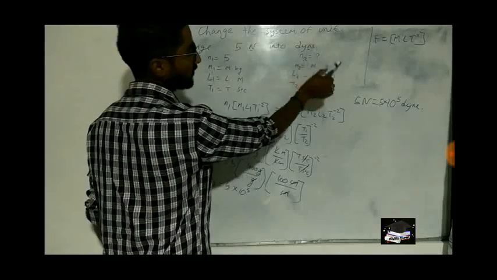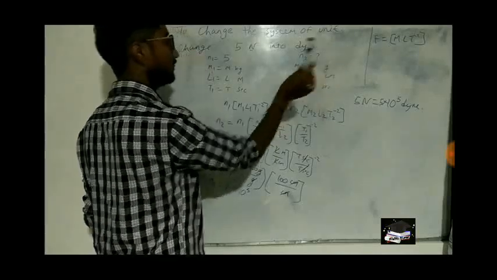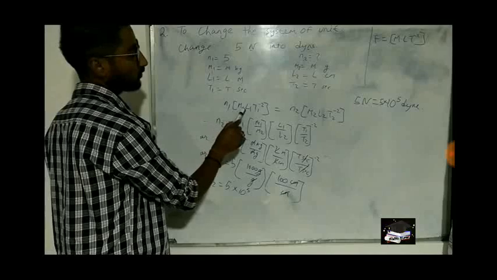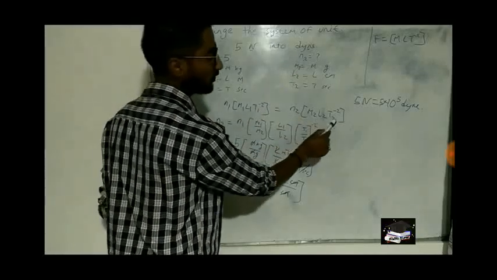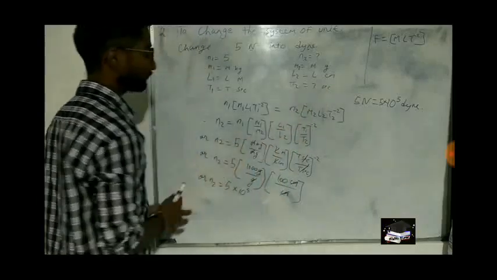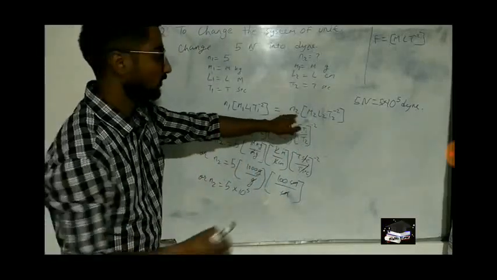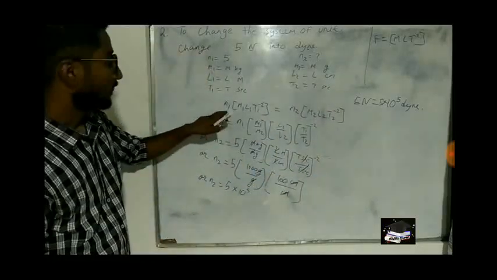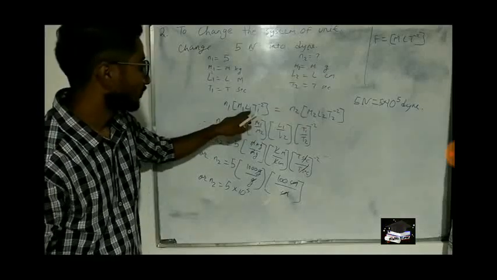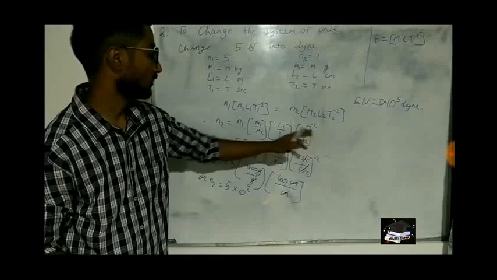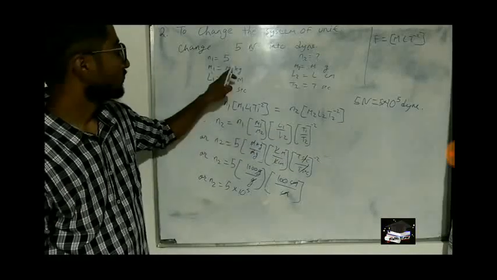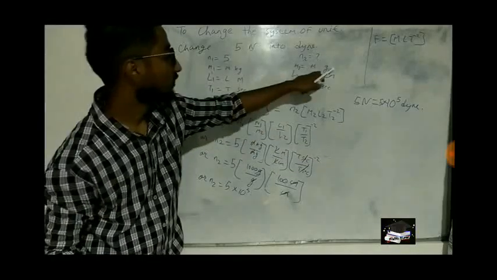Out here it is in gram, this is centimeter, CGS, second. Now N1 M1 L1 T1 to the power minus 2 equals N2 M2 L2 T2 to the power minus 2. We need N2, that's why I am taking it down. N1 M1 by M2, L1 by L2, T1 by T2 to the power minus 2. Now M1 is in kg, M2 is in gram.